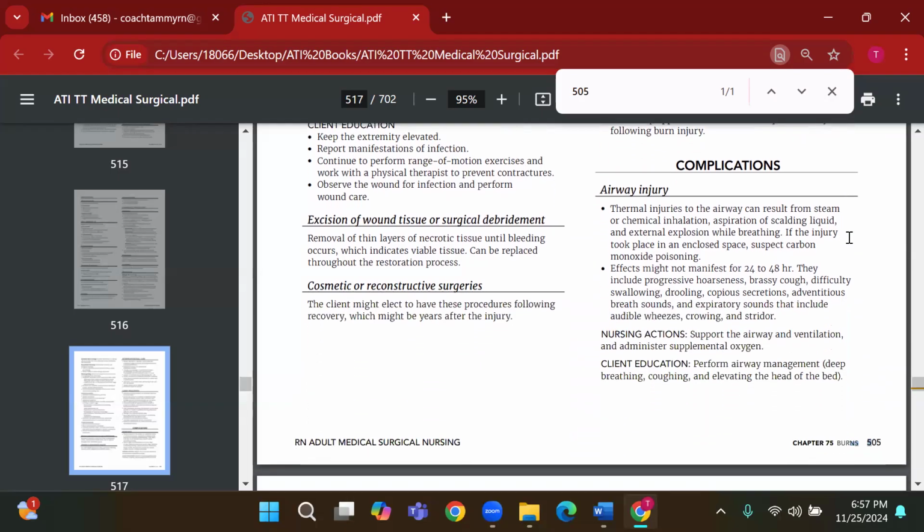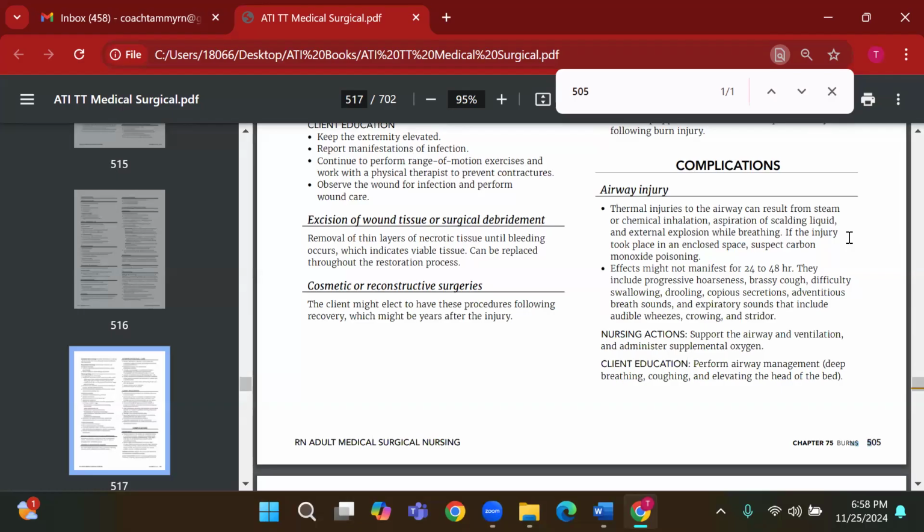Airway injuries are huge. Remember, we have to think of the airway in a burn injury. If the injury took place in an enclosed space, suspect carbon monoxide poisoning. That's exactly what I think they're going to go for.